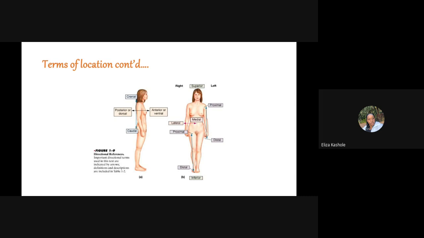Anterior, posterior, we've just talked about them. Superior and inferior can be used interchangeably with cranial and caudal. Proximal, distal, we talked about them. Lateral and medial, we also talked about them.